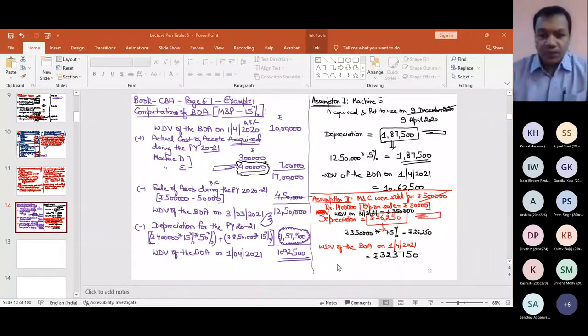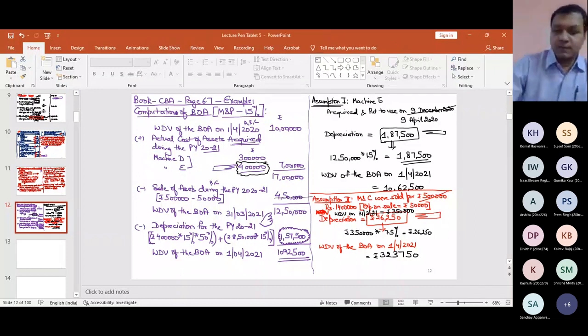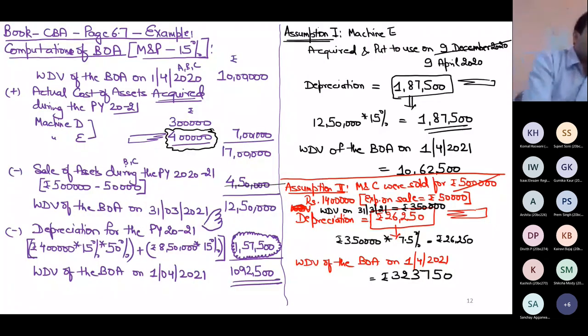Assumption number 3 now. Is the answer clear? This 1,4,21 is 323,750.